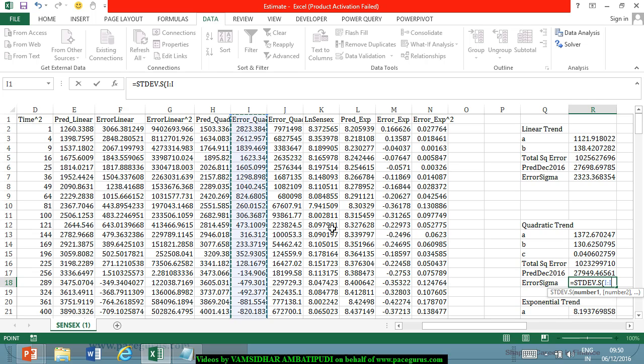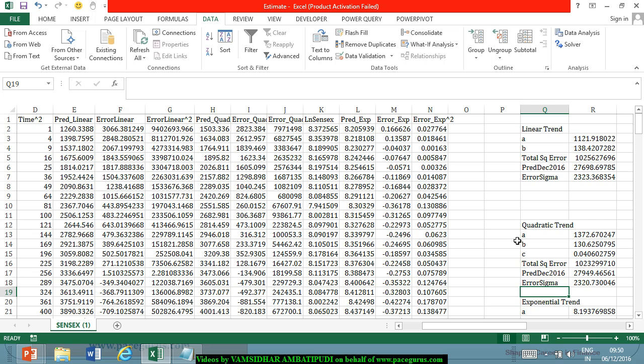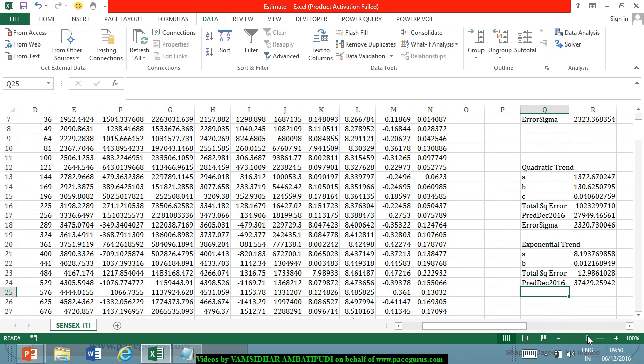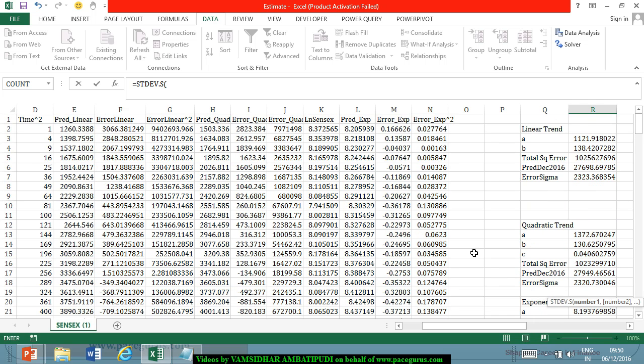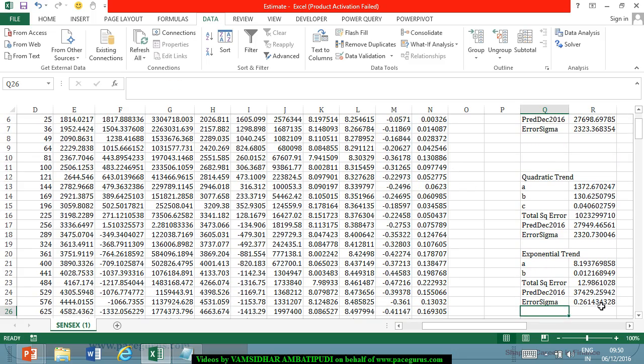So I am taking this error term here, which gives 2320, and I can also take error here, which would be on the log terms. Right, the error is associated with the log terms out here. So I can look at the standard deviation of the logarithmic Sensex, which gives me that the error is to the extent of 0.26.